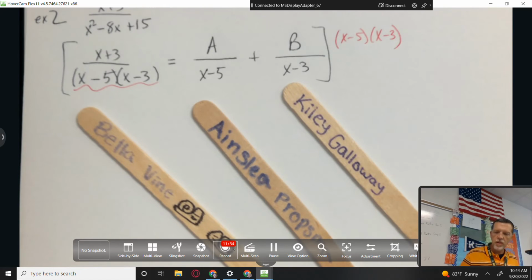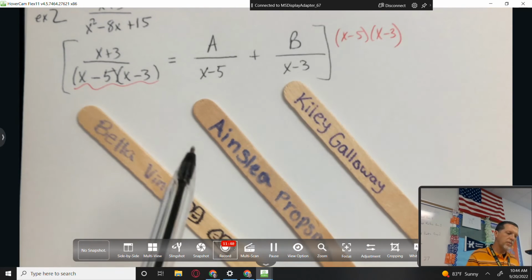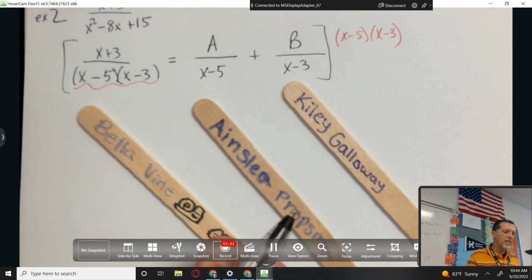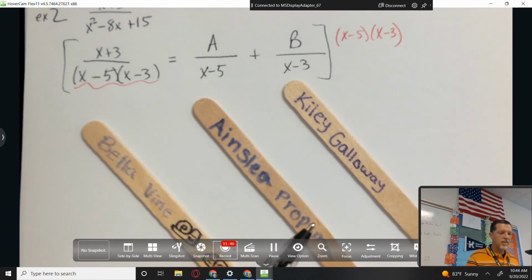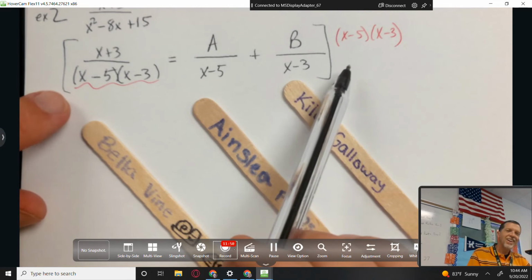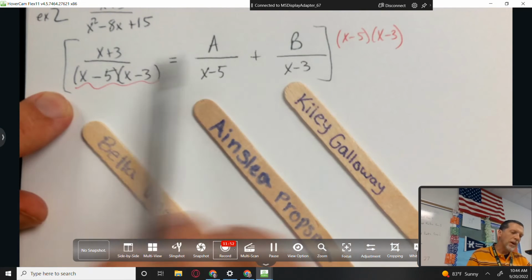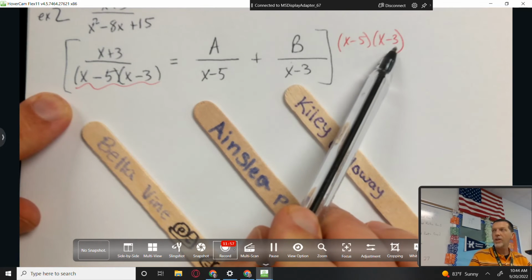So, Bella, on this term on the left, when I multiply by x minus 5 and x minus 3, what's left? x minus 5. I'm not gonna lie, I was busy writing things. Okay. So I'm going to multiply every term, the three terms, by x minus 5 and x minus 3.